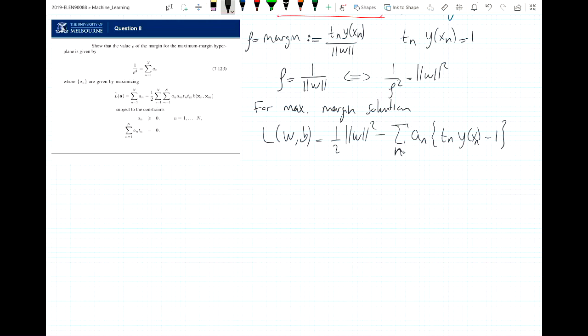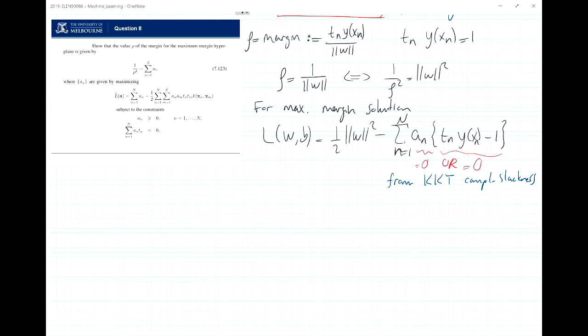Remember that this is over all the data points. For all the data points, either an is 0 from KKT conditions, or this is 0, from complementary slackness in KKT. So therefore, this side is 0.